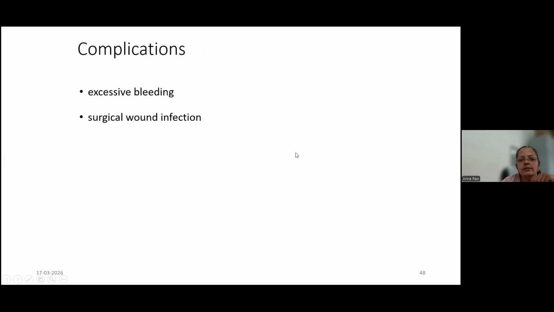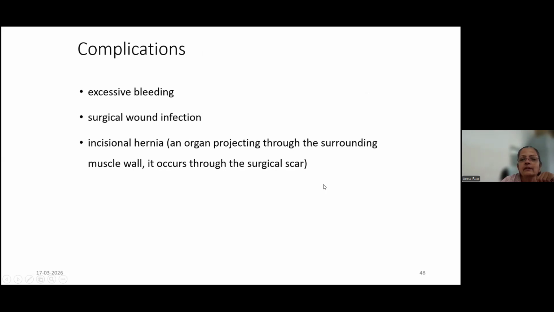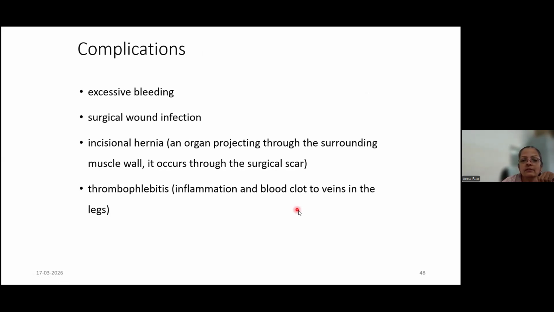Certain complications can also take place, like excessive bleeding. There may be infection in the wound. Incisional hernia can also take place, so resurgery may be done. Thrombophlebitis can also occur. So prevention, as we do in normal surgeries, here also they can be advised how to prevent it.